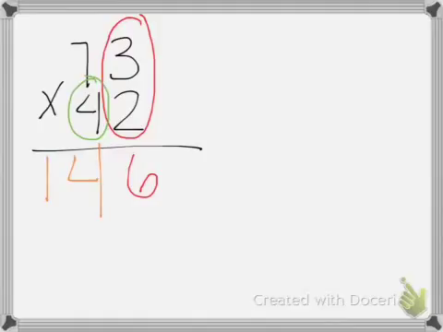So when I multiply, remember it's 40. 4 times 3 is 12. But it's not just 12. It's 40 and 3, so it's 120. So I have my 0, my 2 tens, and I have to carry my 1 for my hundreds.